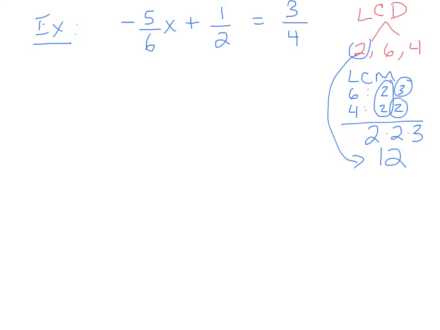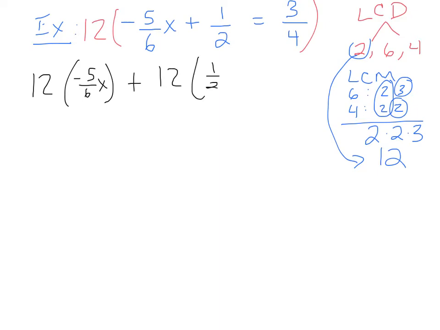So 12 is the number we're going to multiply all of these terms by. Let's do that. 12 times the first idea, negative 5 over 6, and then 12 times the second idea, and then finally 12 times the last idea.